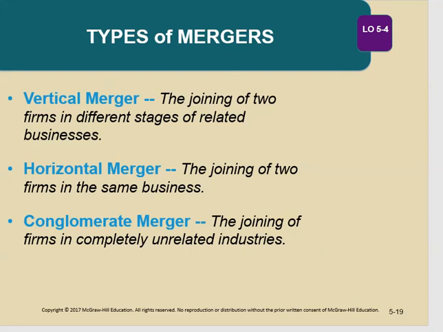And then you have a conglomerate merger where you just have unrelated things merging together. For example, a battery company with a company that sells water. Why would a company want to merge with an unrelated company? In order to diversify their portfolio, meaning you don't have all your eggs in one basket.